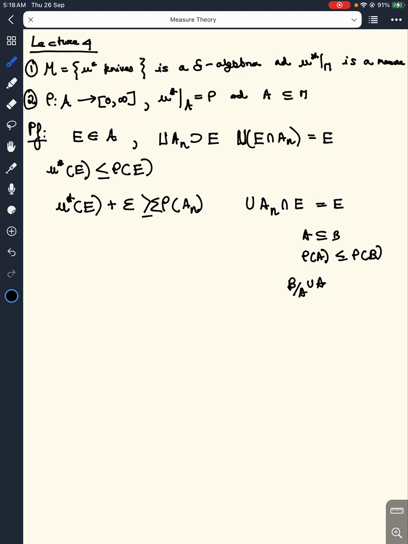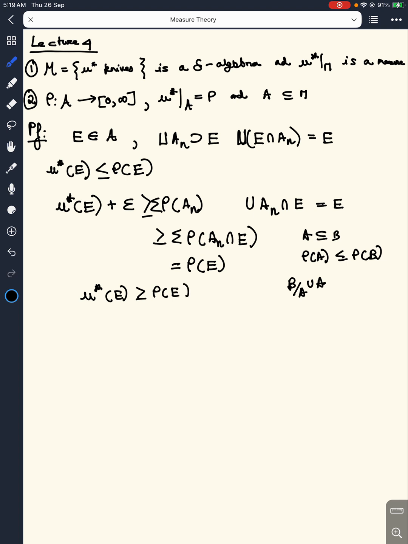So this is greater than or equal to the summation of rho of A_n intersection E, and by what we did just before, this is equal to rho of E, since it is a pre-measure. So this is true for all epsilon. So mu star of E is greater than or equal to rho of E. So the first part is done.